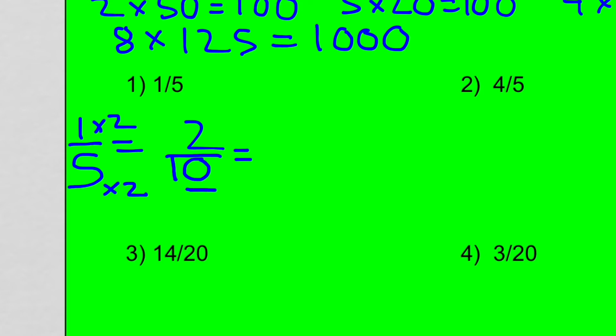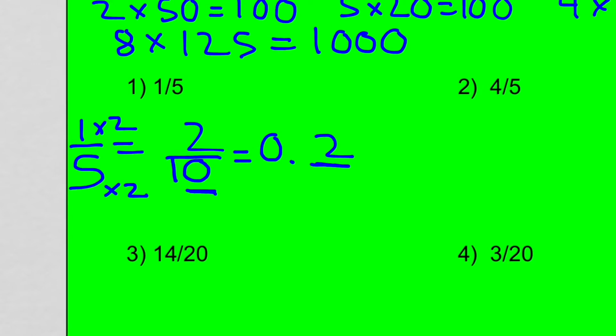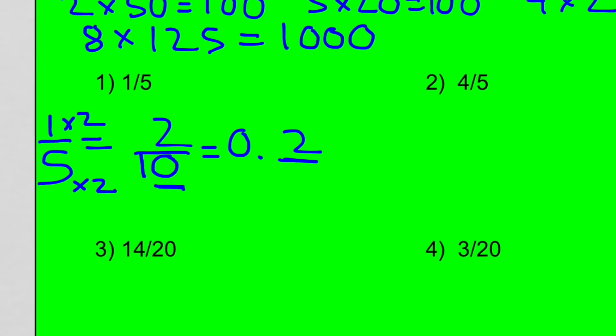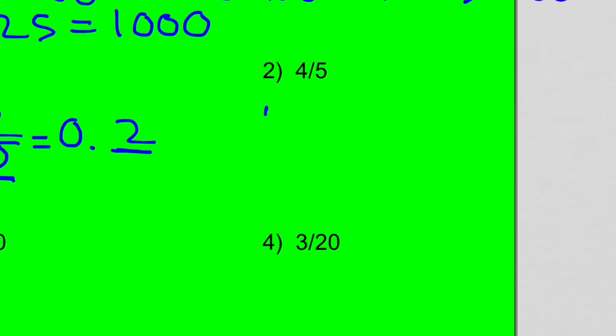One zero on 10 means 1 decimal spot, and we put the 2 in that decimal spot, and we say we have 2/10. So we just make the equivalent fraction out of 10, 100, or 1,000, and then convert. The next one, 4/5.